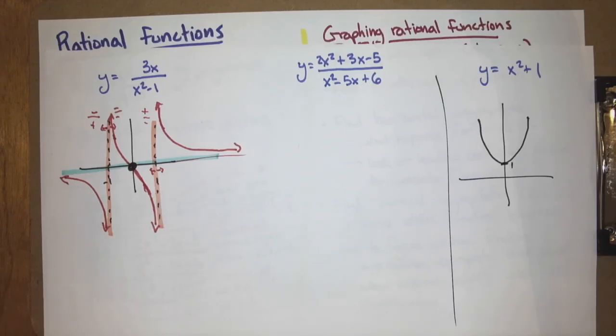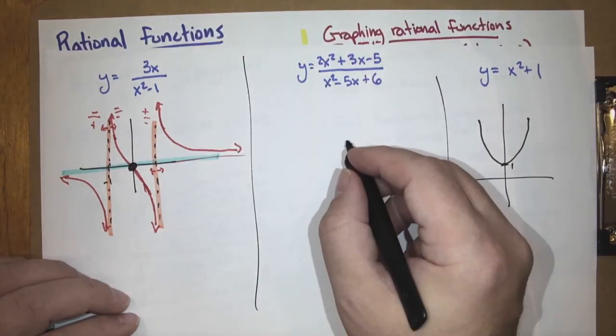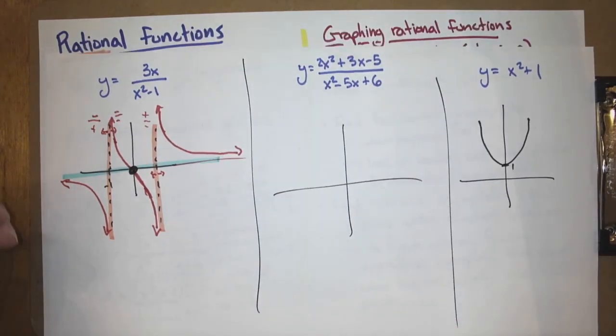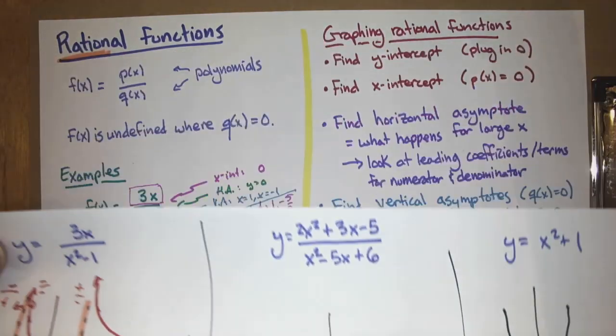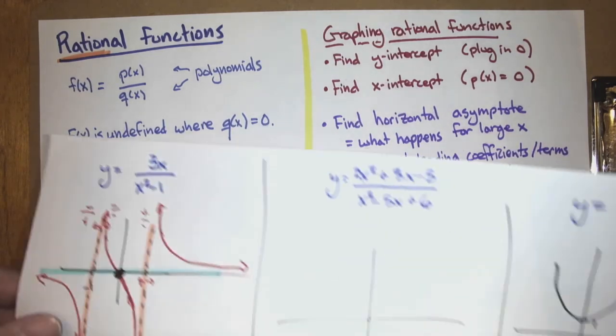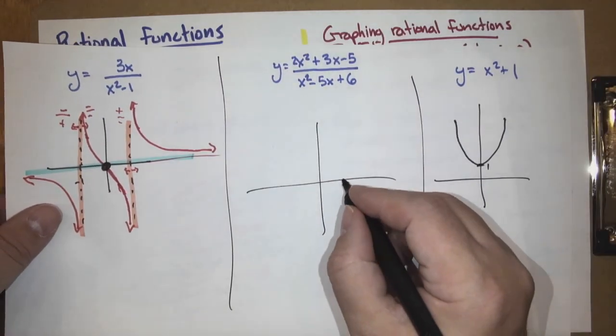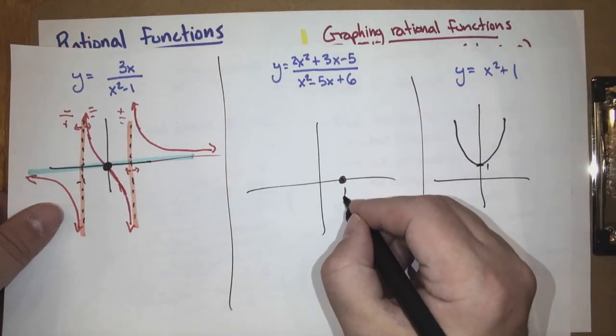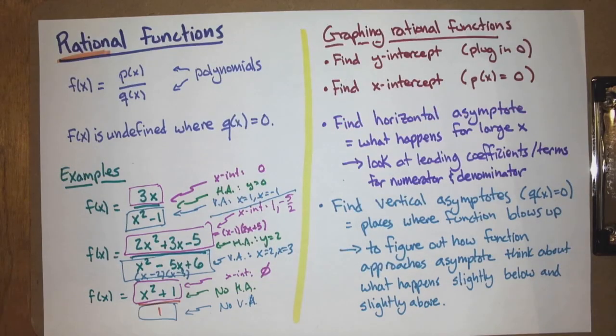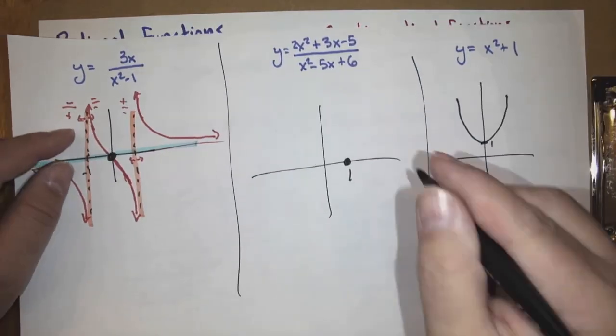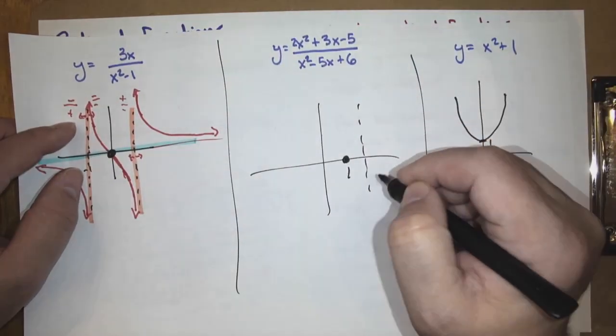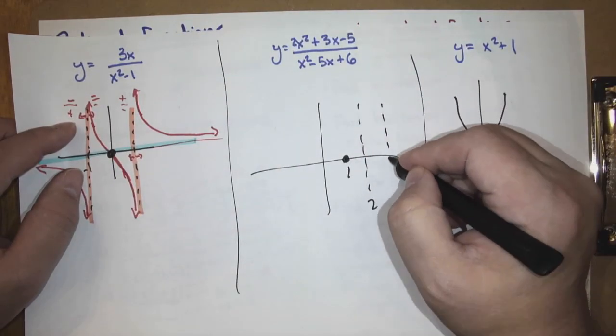All right, I think we have enough time to try to do this one. Now, we've made notes of a couple of things. We have an intercept at 1, so we cross. We also have vertical asymptotes at 2 and 3. So here's 2.